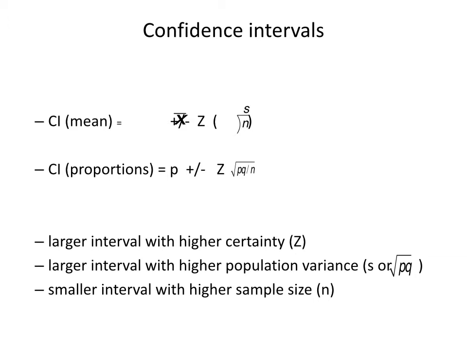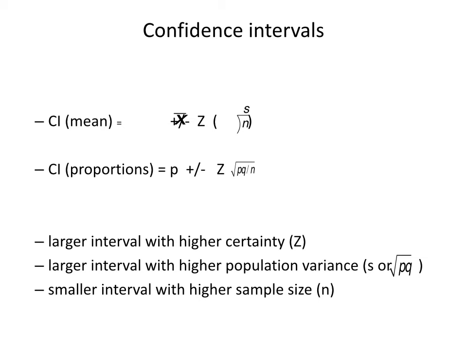So you have a larger interval when you demand higher certainty. So if you want to be 99% certain that the interval captures the population parameter, then you're going to have a higher z-score in this equation. If you're willing to be only 80% certain, so you're willing to tolerate a 20% error rate, then you're going to have a much lower z-score. So that plus or minus component will be smaller.